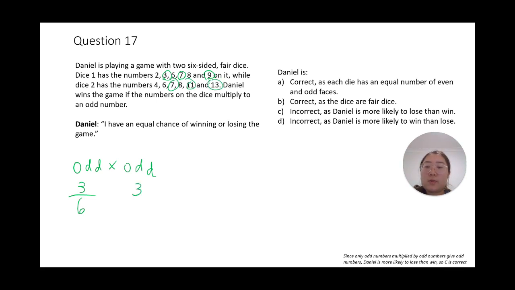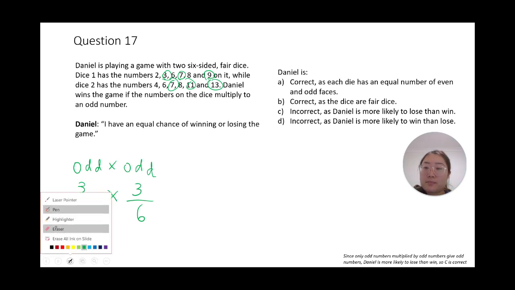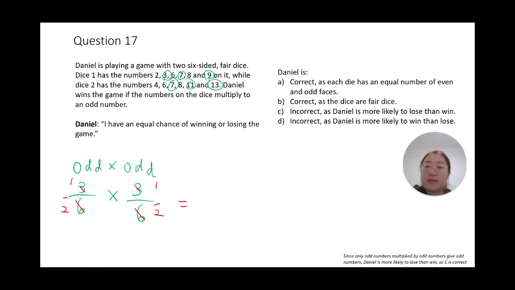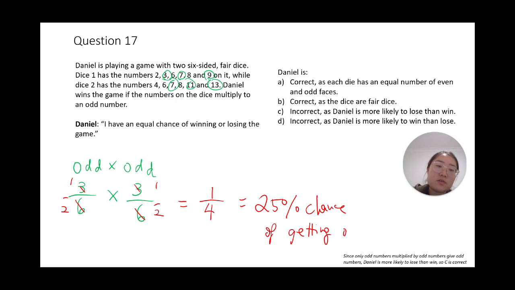So it'll be 3 out of 6 again. We're going to times these together, but before we do that, we can simplify. We know that 3 out of 6 is just a half, isn't it? We have half and we have half. What's half times half? It's a quarter. So that means he has a 25% chance of getting an odd result.